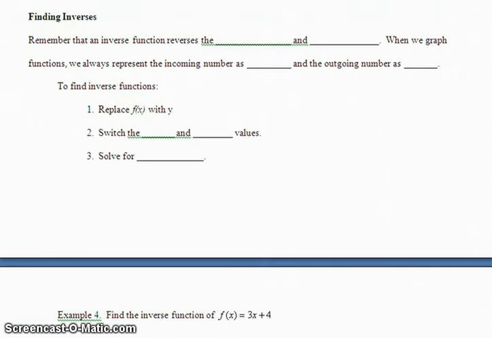So how do we find these inverses if we're given a function? Remember, the inverse changes inputs and outputs around. When we graph a number, we always represent the incoming number as x and the output number as y. To find inverses, there are 3 simple steps.